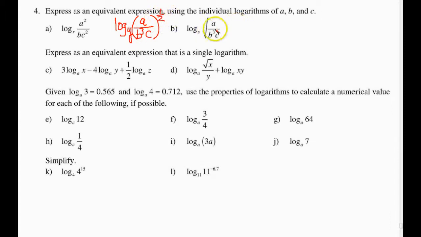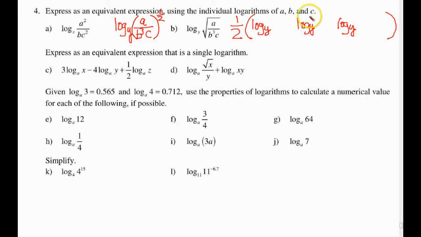So here when we write it, our exponent, which is 1/2 now, comes out here in front. And then we have to put a parenthesis because all of this is inside the parenthesis. So again, we have log base y. We're going to have 3 of those. So let me put them in here. Log base y, log base y.